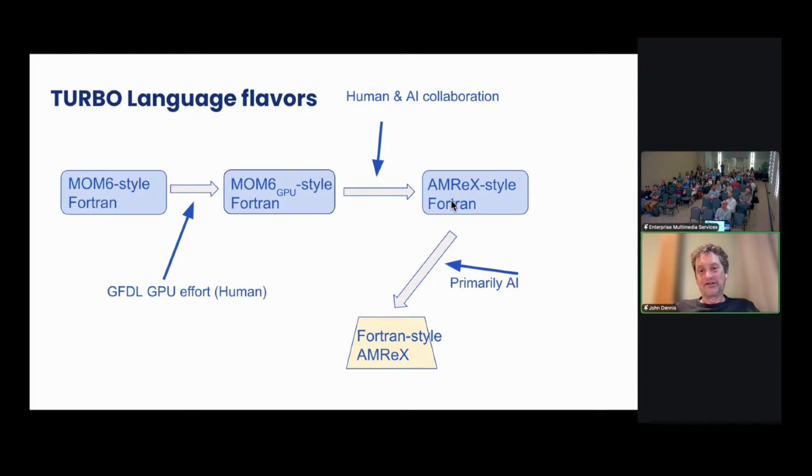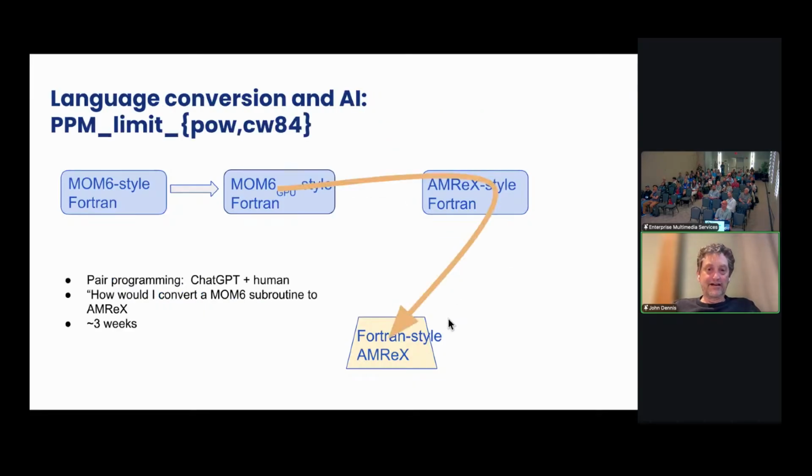Converting it into AMReX style Fortran is human plus AI collaboration, and then conversion into C++ is basically primarily an AI activity. And so I think the interesting thing is, we're learning how to do this.